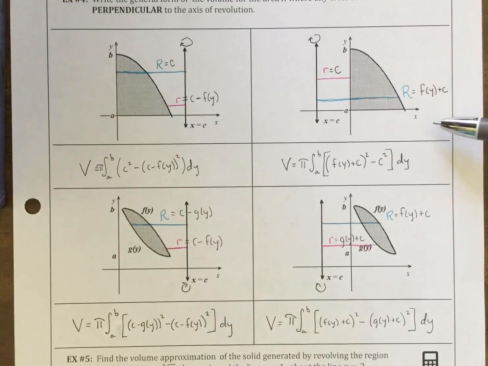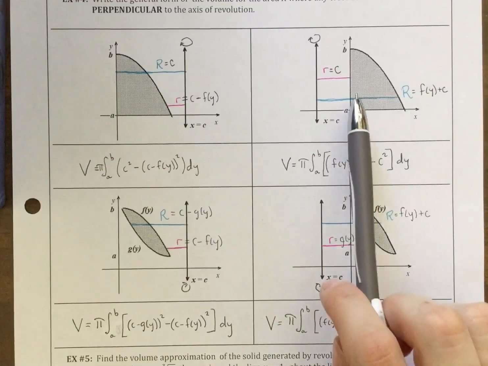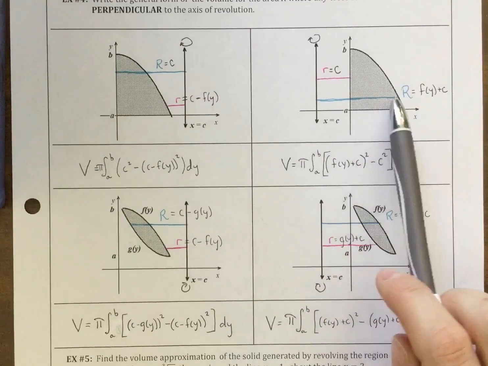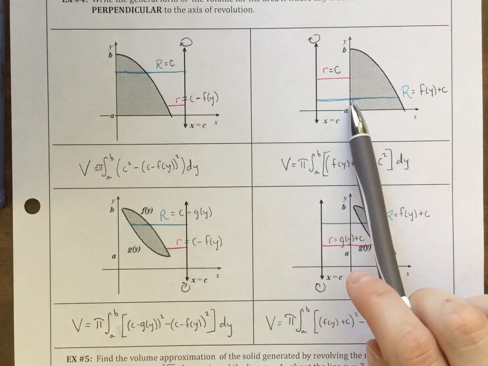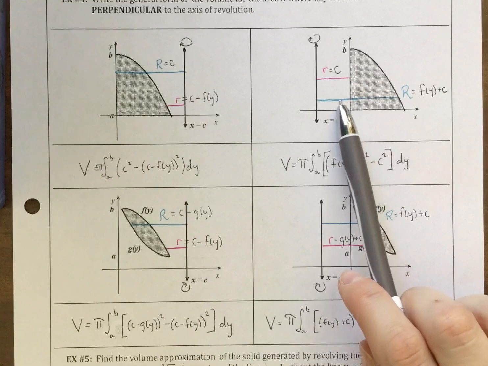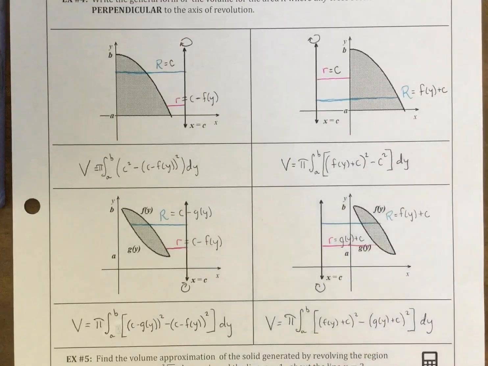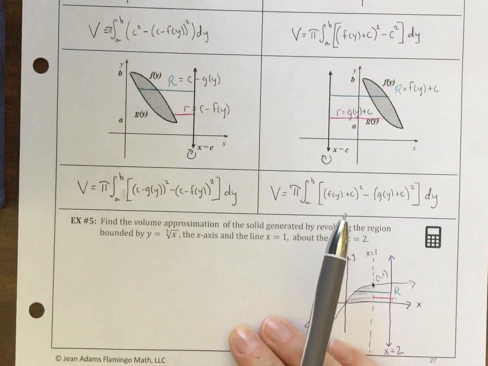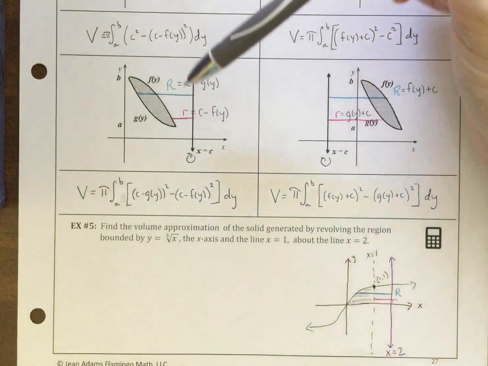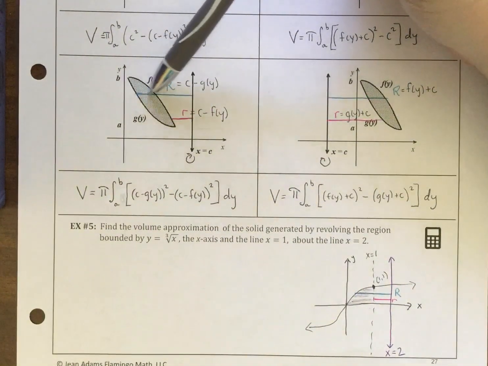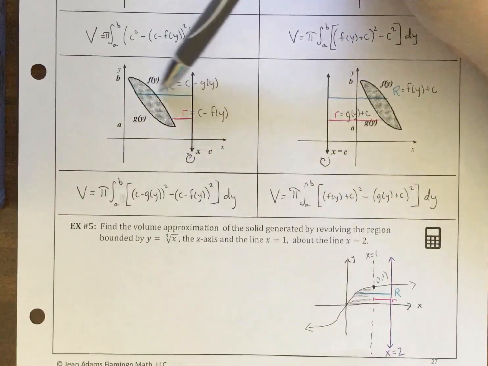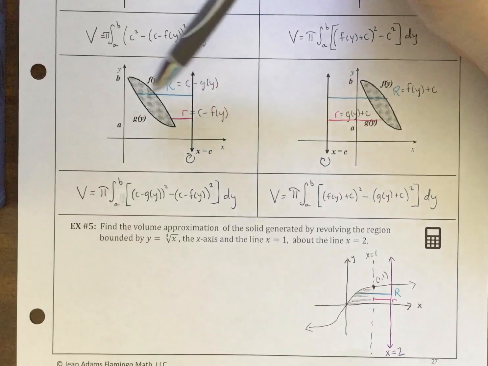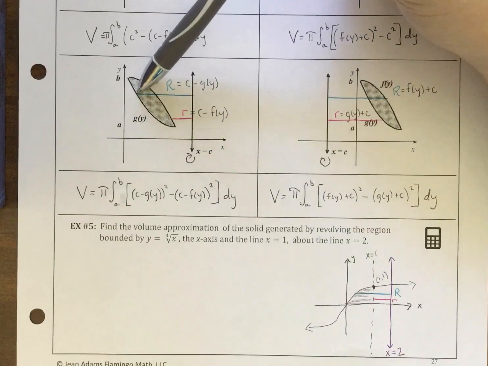Same thing over here. Notice that we are now adding that amount c on here. So it's this distance from f of y to the y-axis plus however far it is over here to c. And down here we can see that same thing happening. We have big R being the larger distance from the line of axis of revolution to our function here.